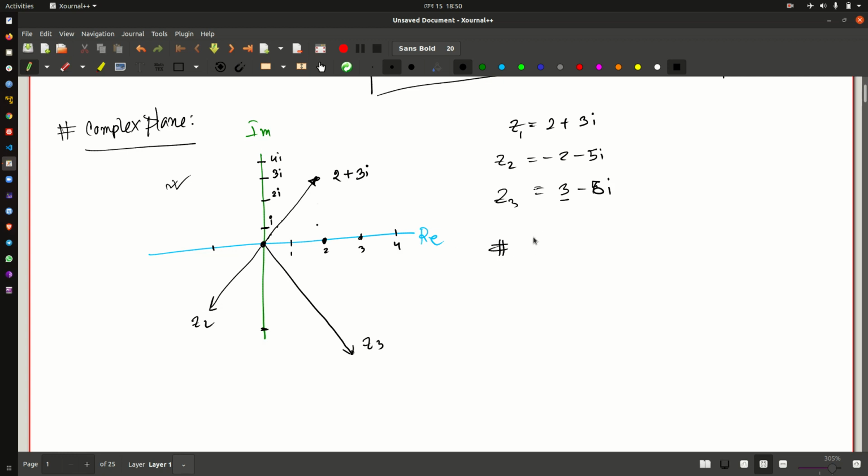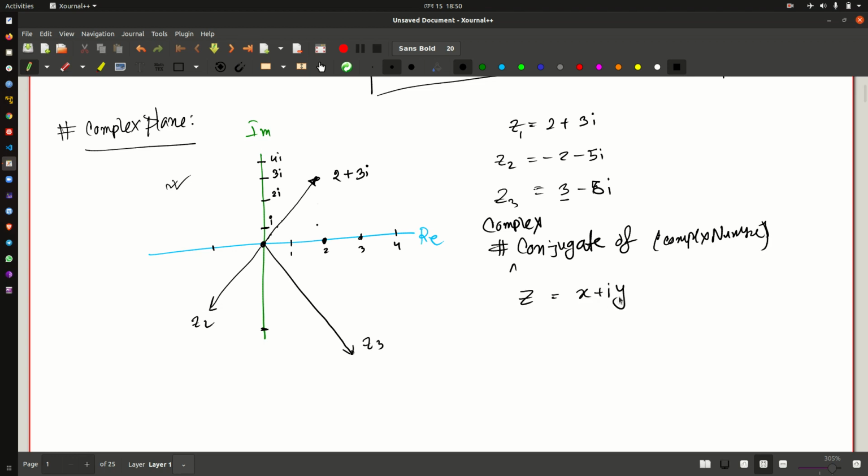So to do that, let us define another thing. It's called a complex conjugate of a complex number. So if you have any complex number z that is written as x plus iy or a plus ib, whatever, then the complex conjugate is defined as, let me write that down properly.